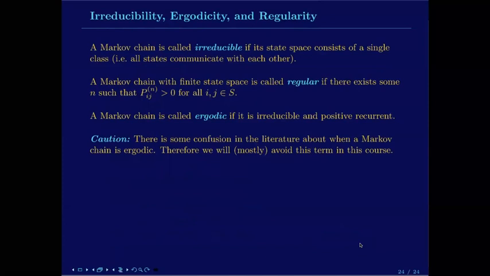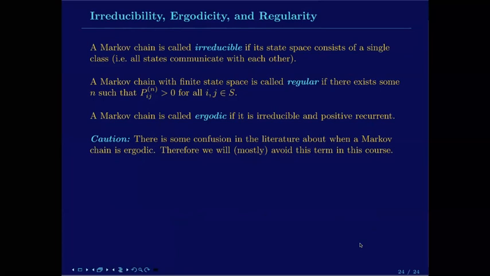So in our final slide, we have a few definitions. A Markov chain is called irreducible if its state space consists of a single class. So all states communicate with each other. So reducibility means that we can split the Markov chain into classes.